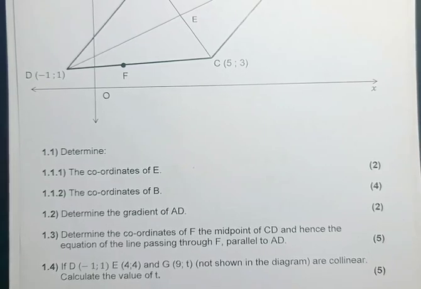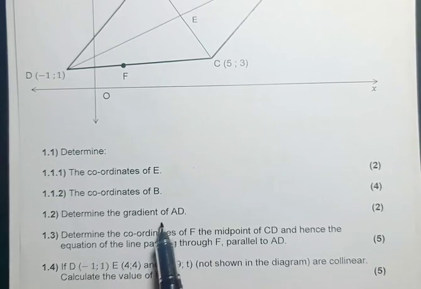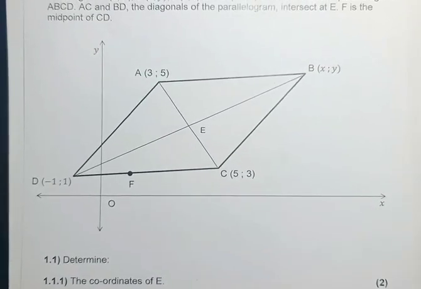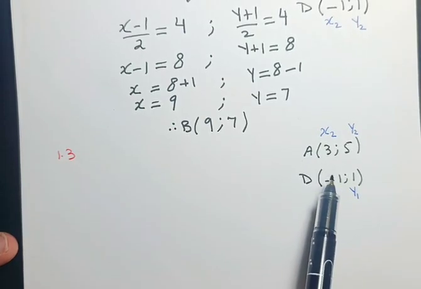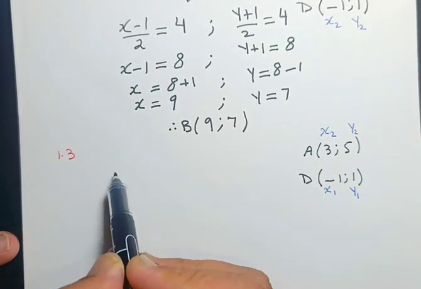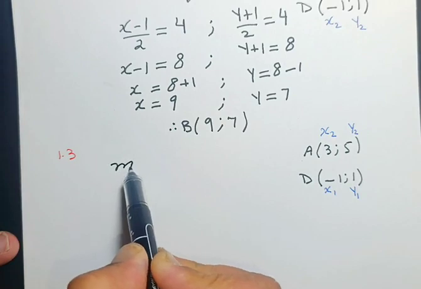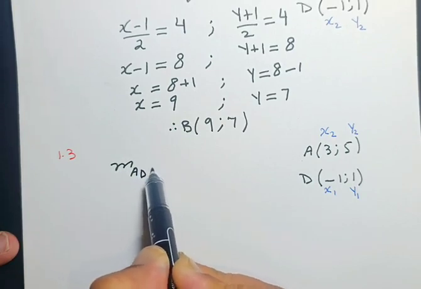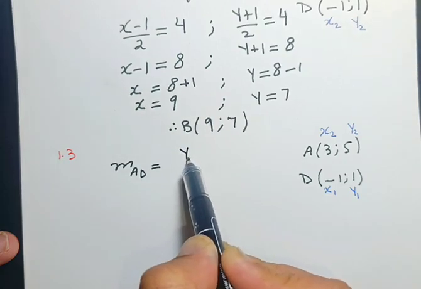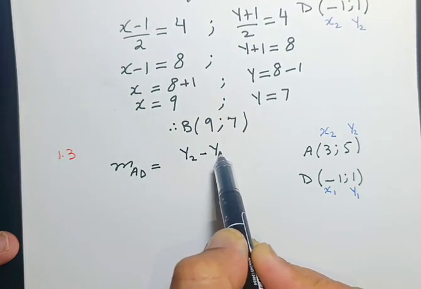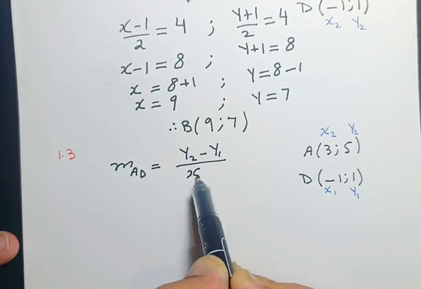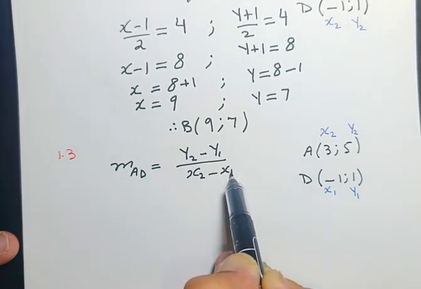Question 1.1.3: determine the gradient of AD. It is a 2 mark question. The gradient between these two points A and D: I have the coordinates, so I'm going to put them into the gradient formula, y2 minus y1 over x2 minus x1.